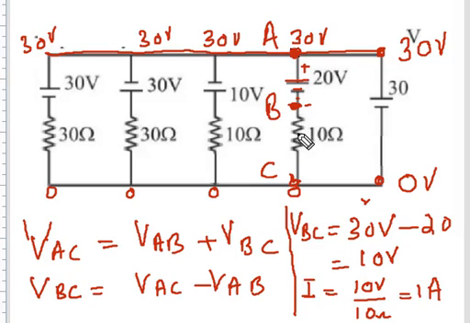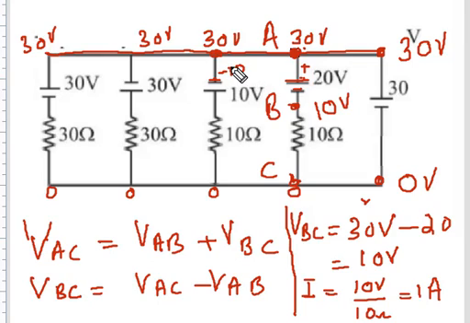So directly, let us do it directly. 30 minus 20 equal to 10. So at this point I'll get 10 volt. Let us do the same thing here. 30 minus, here you can see a negative sign, so the potential is minus 10.